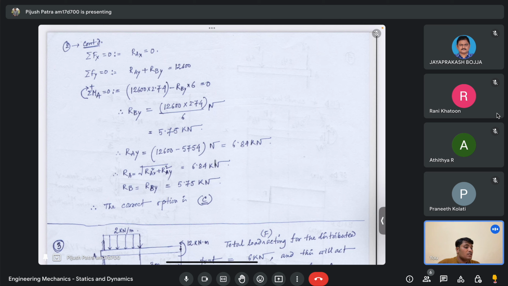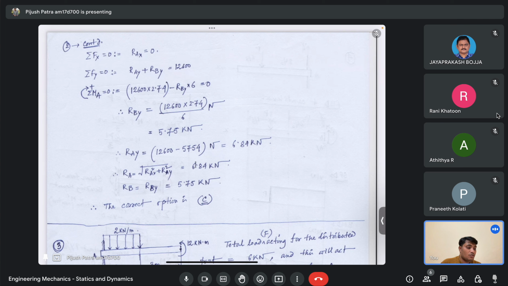So the net force is the root of RAX square plus RAY square at the point A. At point A, this will be the vector sum of the two forces, the resultant of the two vectors acting perpendicular to each other, RAX and RAY, which comes as 6.84 kilonewton, and RBY equals 5.75 kilonewton.